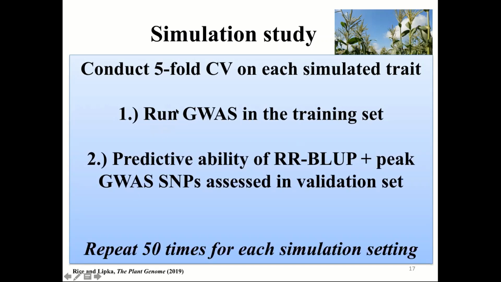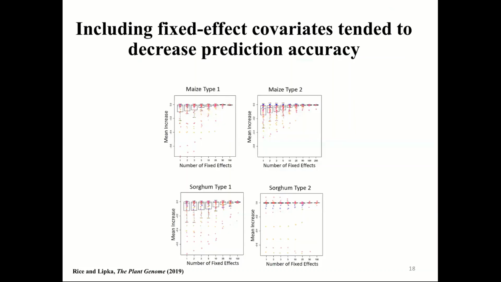And for each simulation setting in each trait, we would repeat this procedure 50 times. Now, our expectation going into this study was to see, maybe half the time, maybe most of the time, this model over here, where we include these fixed effect covariates, would boost your prediction accuracy over a standard RR-BLUP model. And boy, were we wrong.